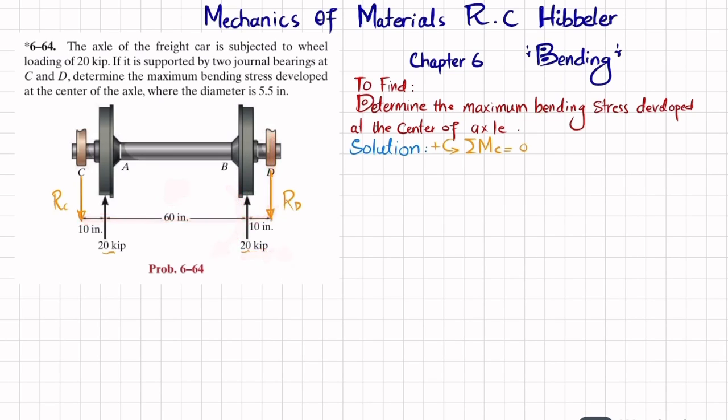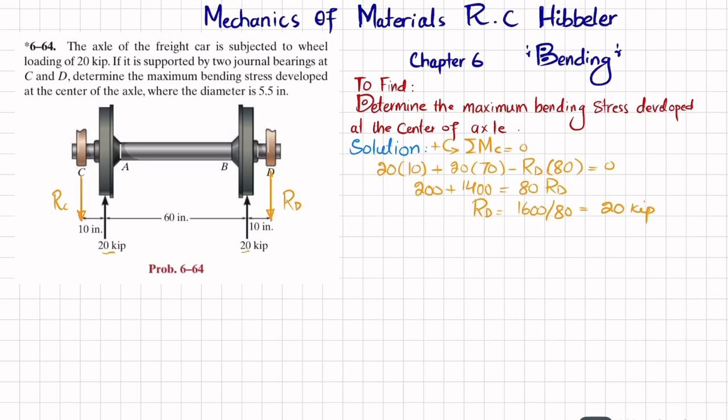And the sum of all moments about point C must be equal to 0. So I will write 20 into 10 plus 20 into 70 minus RD into 80 is equal to 0. So we will get 200 plus 1400 is equal to 80 RD. Clear? And RD will be equal to 1600 divided by 80, and that will give you 20 kip.